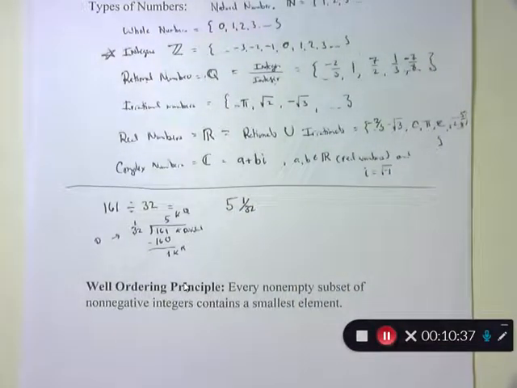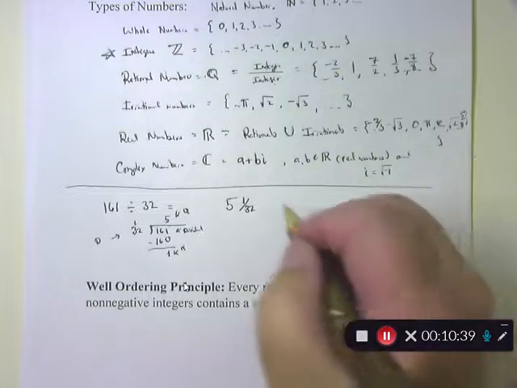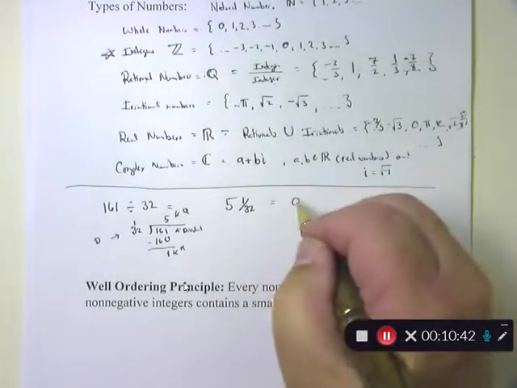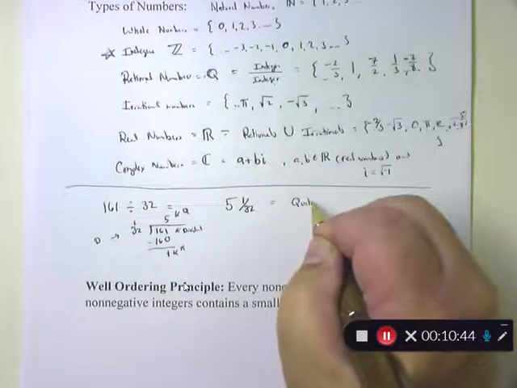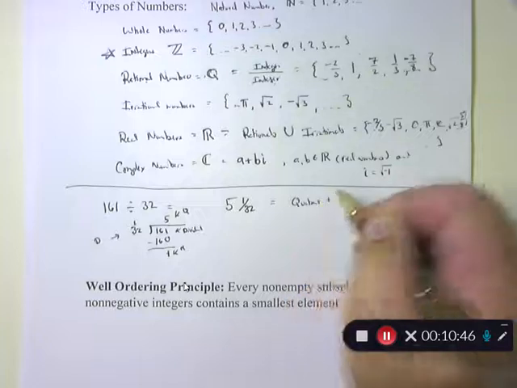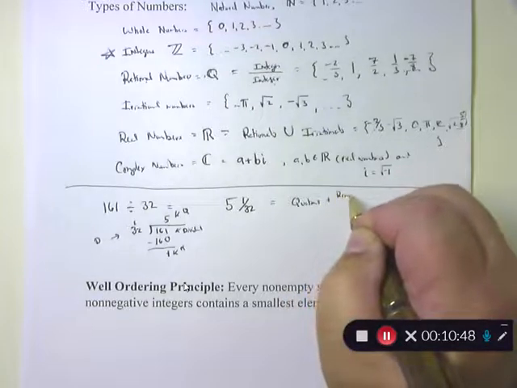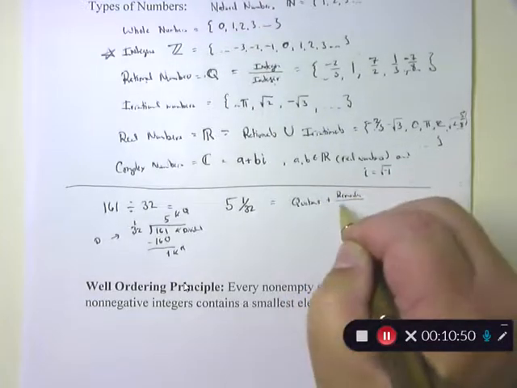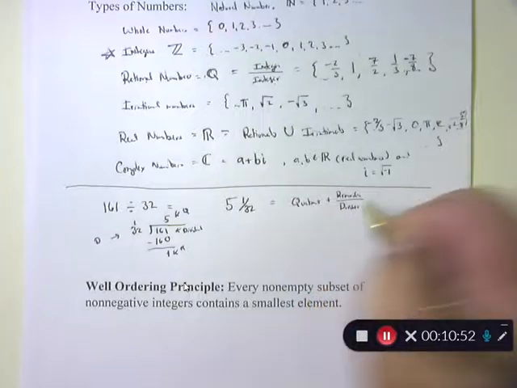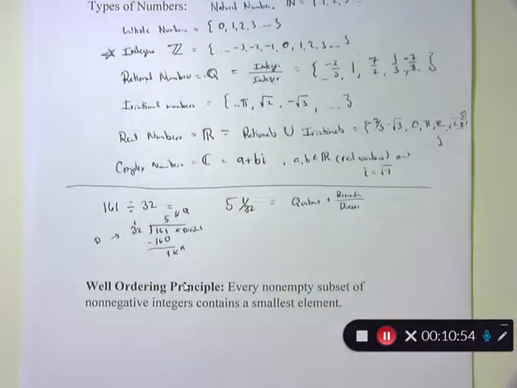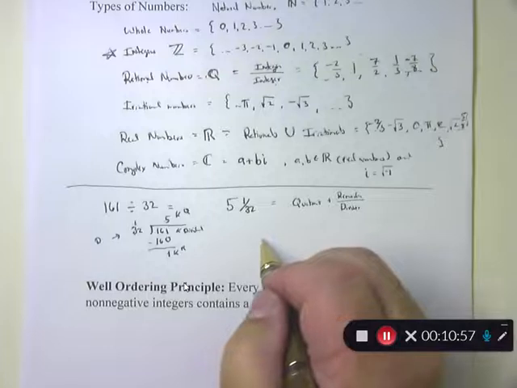So another way we can write this out is this. This is the quotient plus the remainder divided by the divisor.